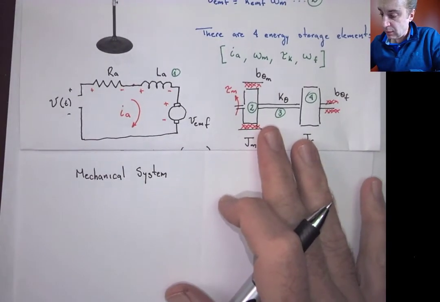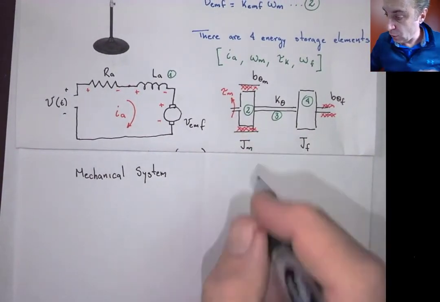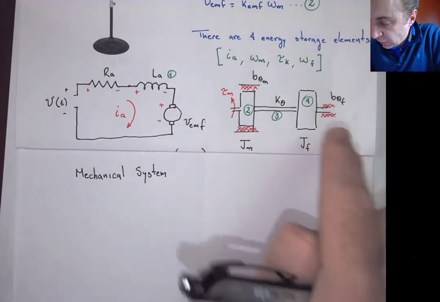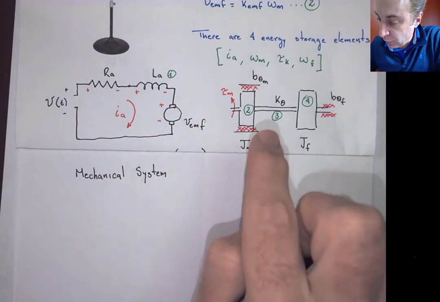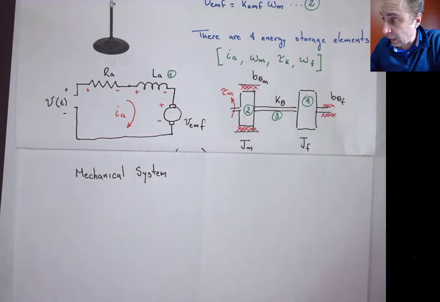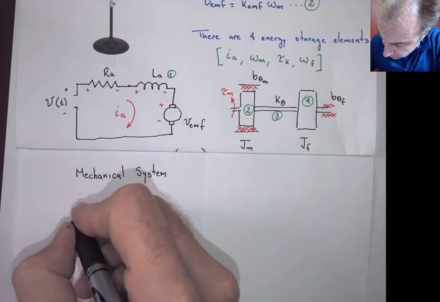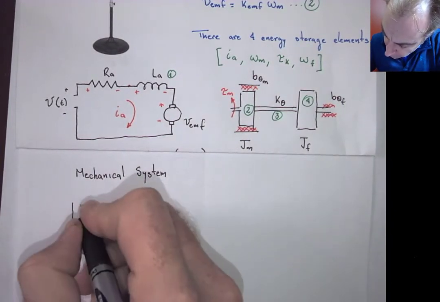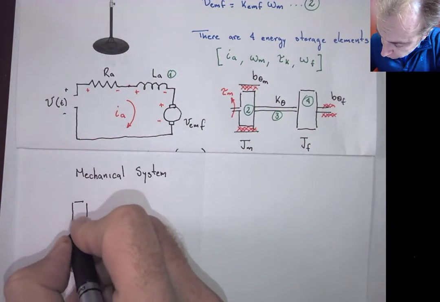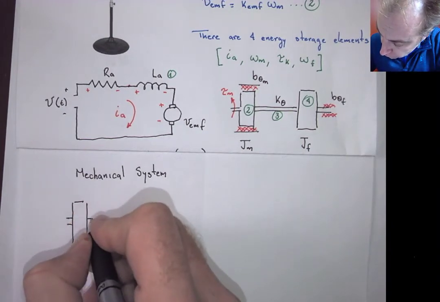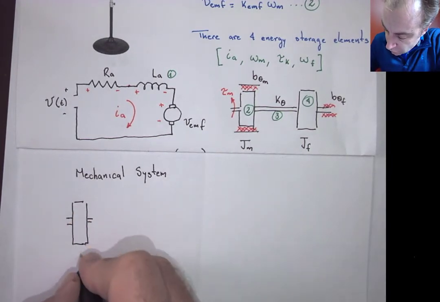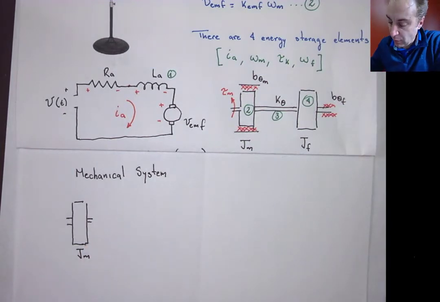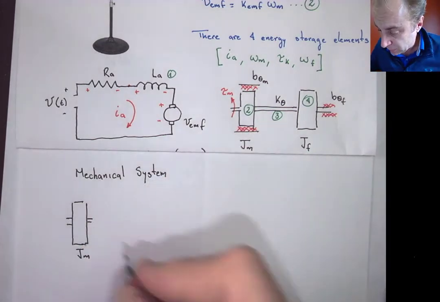Okay, so that was our mechanical system. So we're going to analyze each element, and we're going to start with the first inertia element. And this is Jm. So this is the inertia of the rotor.